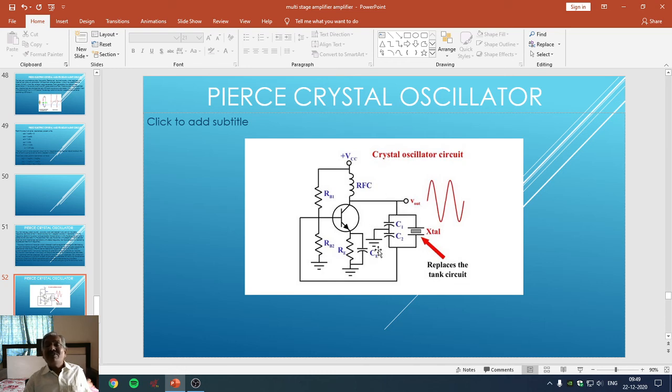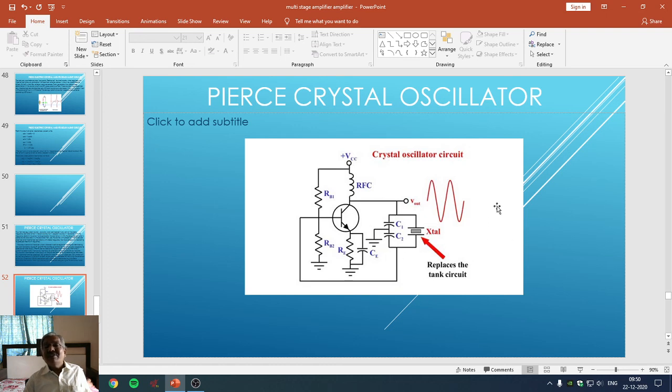This process repeats, and when the impedance of this tank circuit becomes equal to 0, the crystal starts behaving like a purely inductive circuit, and within that tank circuit a resonance will occur, producing the frequency f equal to 1 upon 2π root of LC, where C is a combination of C1 and C2.